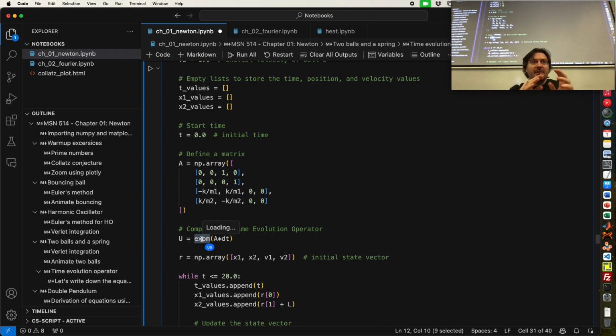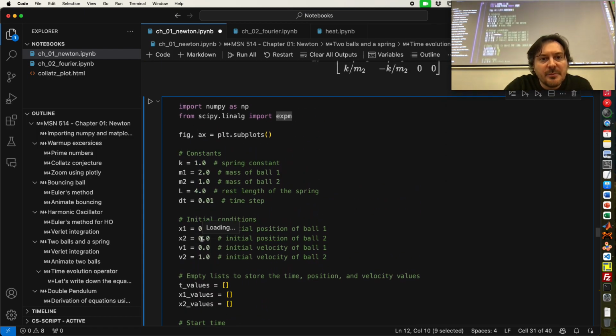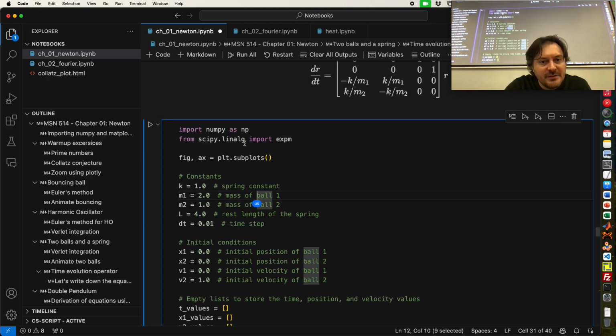You know, exp of a matrix would be taking the element-wise exponential of the matrix. That's a different thing. This expm is from the SciPy linear algebra package. From SciPy linear algebra, import expm. So it's a special thing.